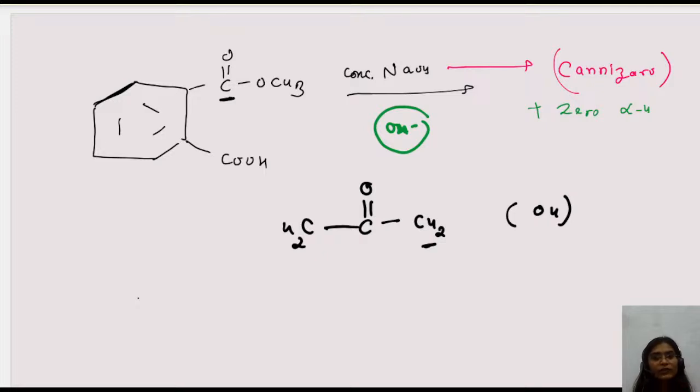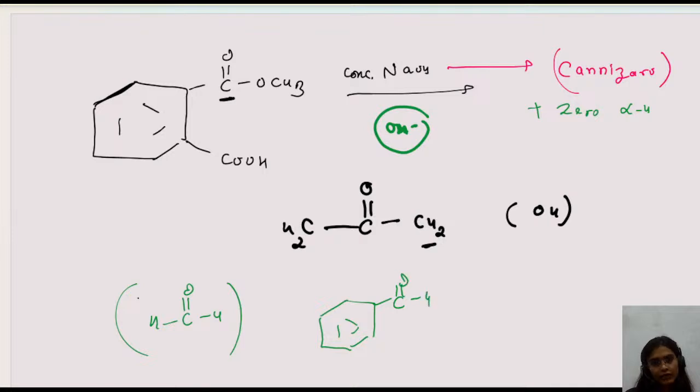What is the Cannizzaro reaction? We have to start with an aldehyde or a ketone. Ketone is not in scope because alpha hydrogen is always present. Only an aldehyde with zero alpha hydrogen will work there.